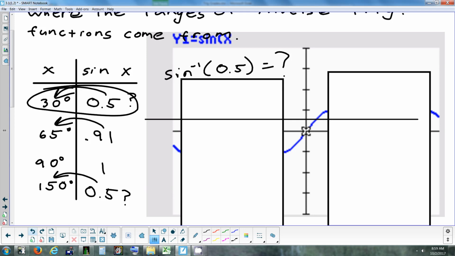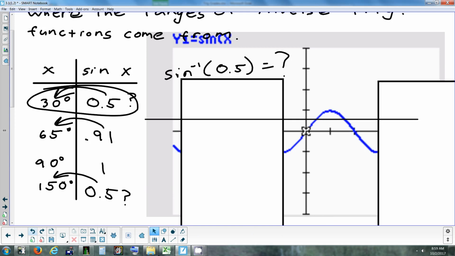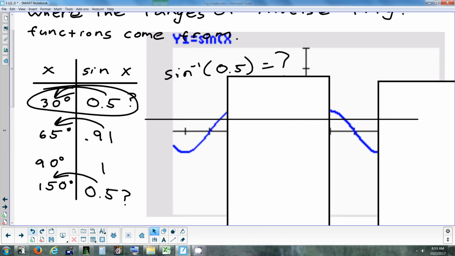No, can't you just keep it in the range of like 180 degrees? Yeah, as long as you keep it 180 degrees apart, you might be able to find another section somewhere else, like that, where it only hits 1 time. But we're not going to use that section. We're going to agree to use negative 90 to 90. Just understand it's not the only section you could use, but it is the one that calculators use. That's how calculators do it.